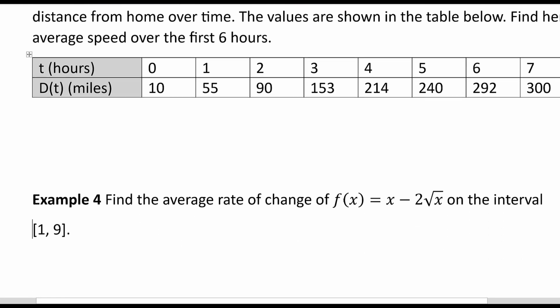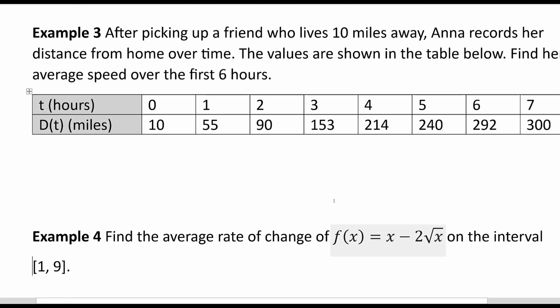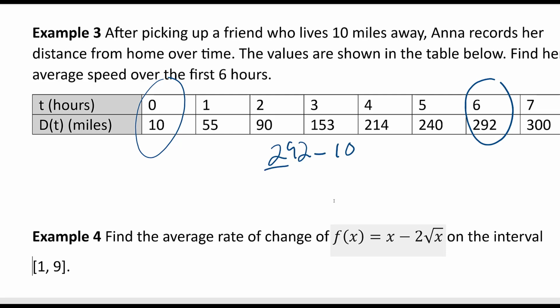Okay. Example 3. After picking up a friend who lives 10 miles away, Anne records her distance from home over time. The values are shown in the table below. Find her average speed over the first 6 hours. So from 0 to 6, we have 292 minus 10 over 6 minus 0.